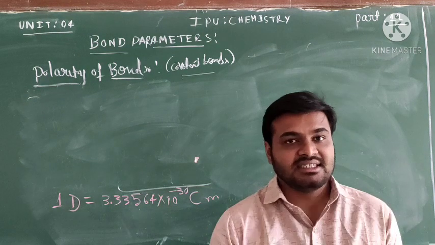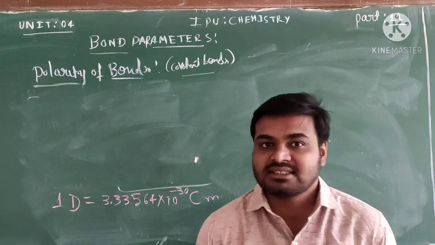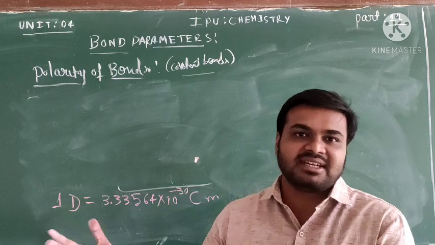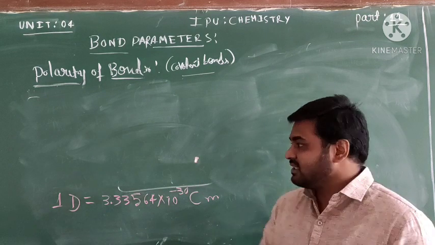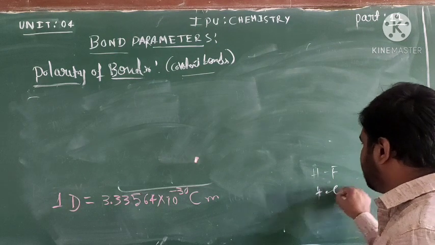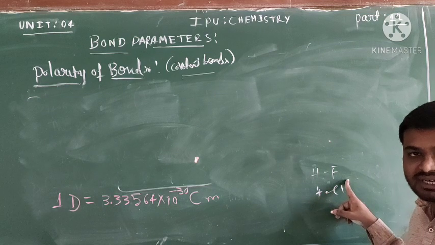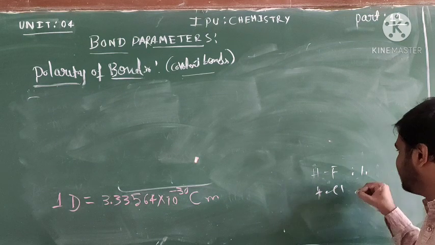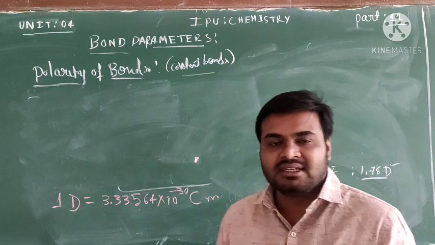Here only consider heteroatoms, not homoatoms, because similar atoms don't have any charges. Clear? So heterodiatomic molecules, examples HF and HCl, will give values like 1.78. These are some of the values of dipole moment.